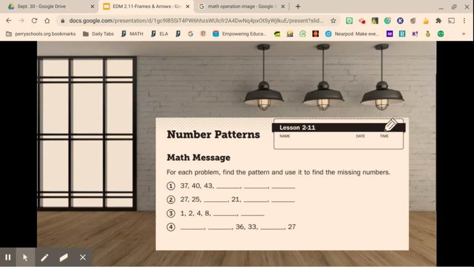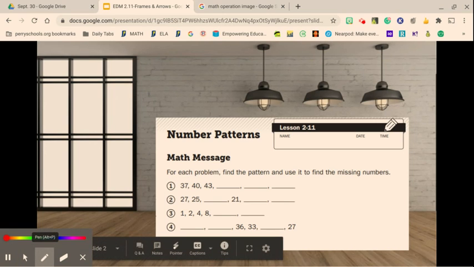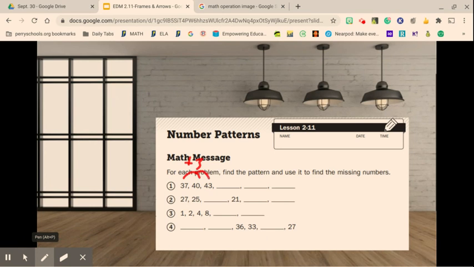When I look at this, I can see that my numbers are increasing from 37 to 40 to 43. Now I need to know by how much. From 37 to 40, they are adding 3, so I'm going to say plus 3 over the top. From 40 to 43 is another plus 3.